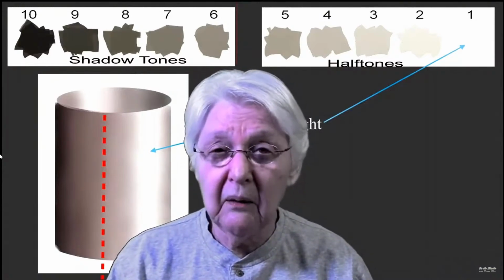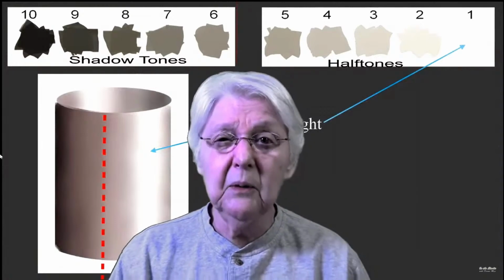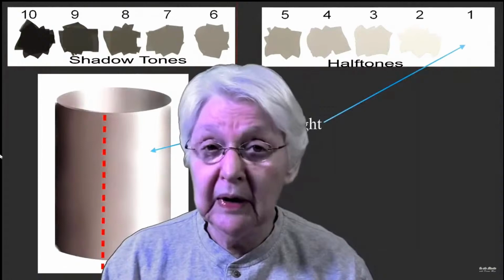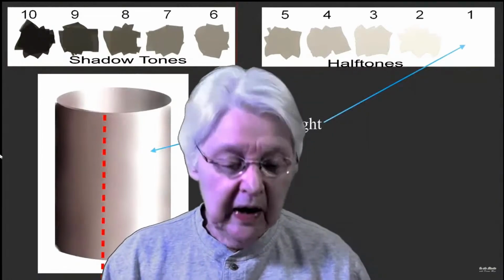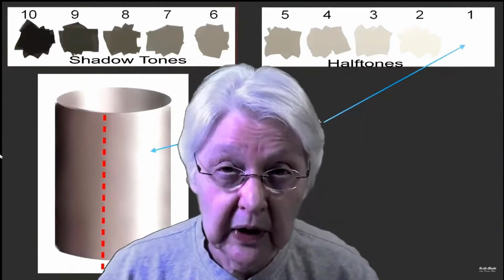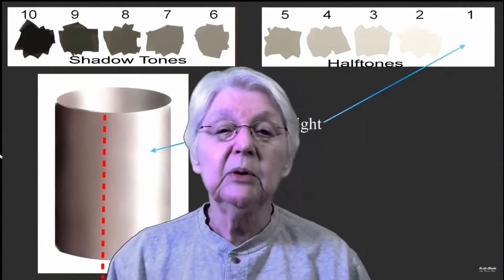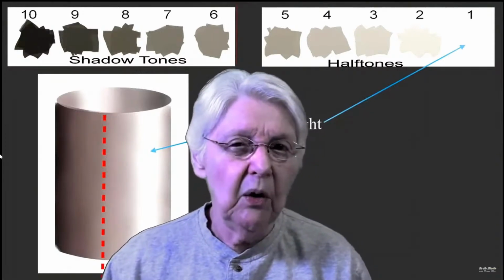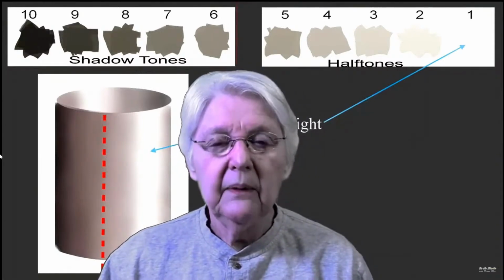You've learned to do that. We started doing that when we were kids, didn't we? But if I say a blue in halftone 3, can you recognize that? If I say a blue in halftone 4, or a gray in halftone 2, that's what I mean.